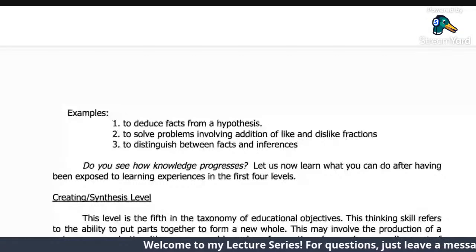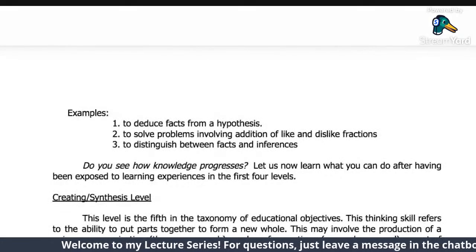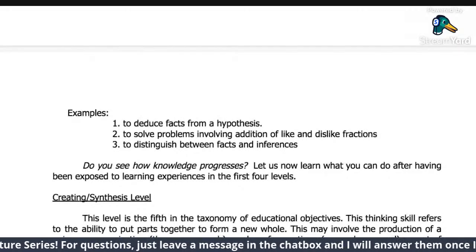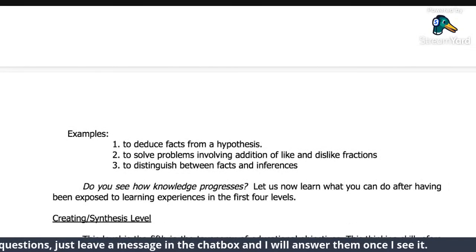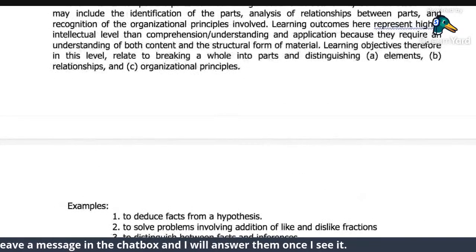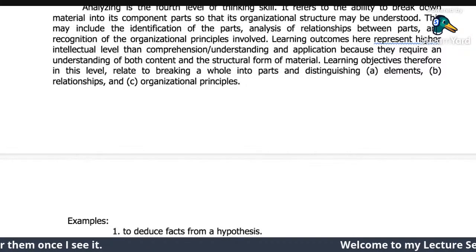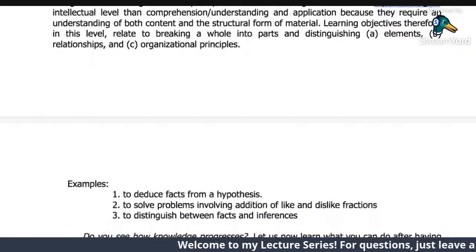How will you distinguish if it's a fact or it's just an inference? So that's analysis. So a somewhat higher level is required here. And most of the time, this is what is given to us especially at the tertiary level. Okay, analysis.